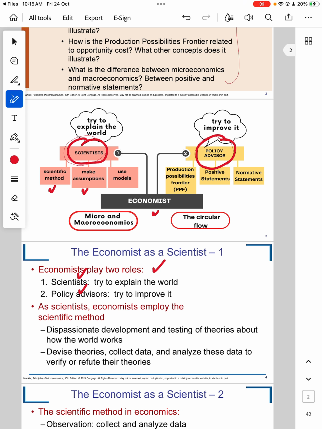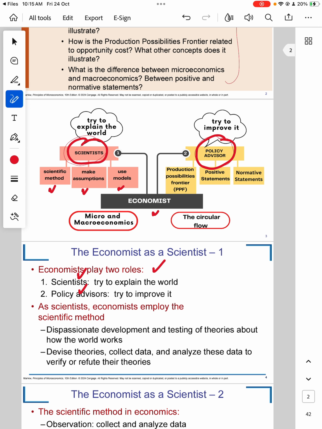And then they make assumptions. Let's say 100 demanded by customers, how much would it cost to produce 100 cakes, for example. And they also use models to conclude all the assumptions.